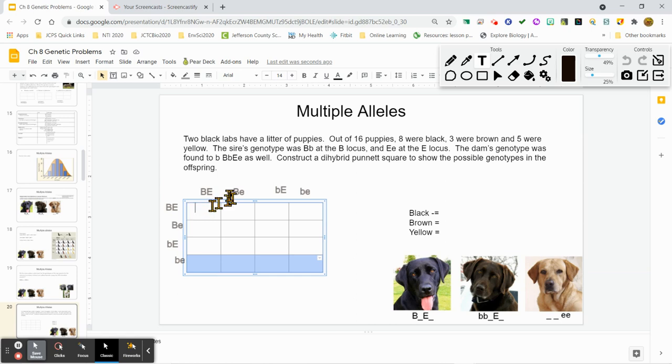All right. So that's going to be big B, big B. Big B, little b, big E, little e. This is going to be big B, little b.